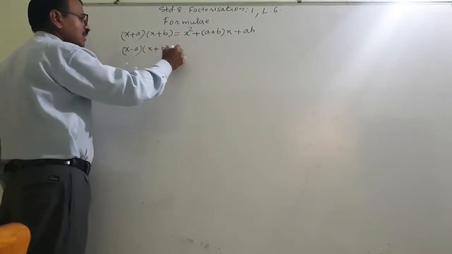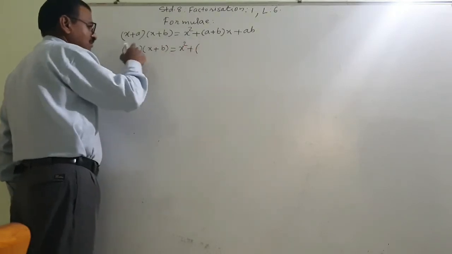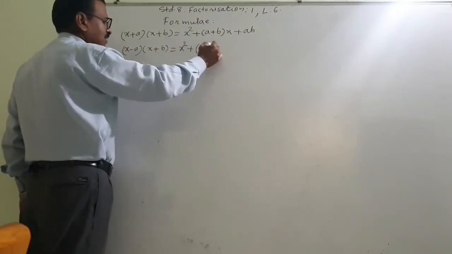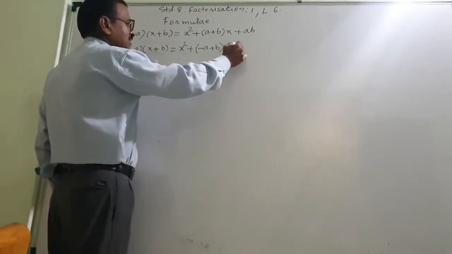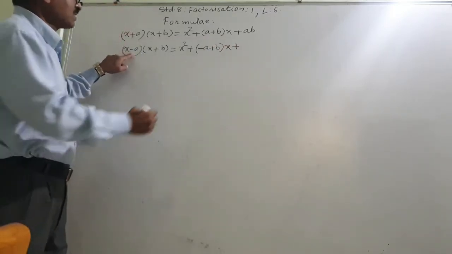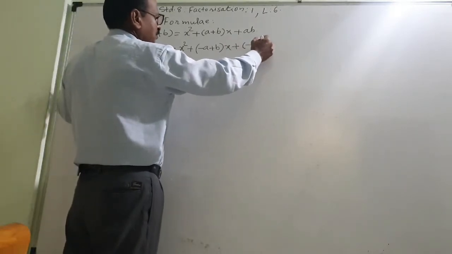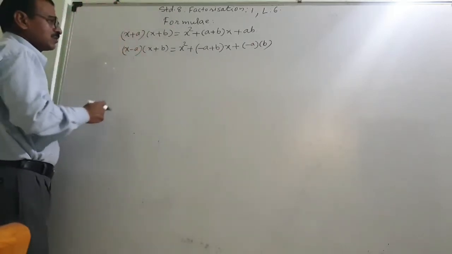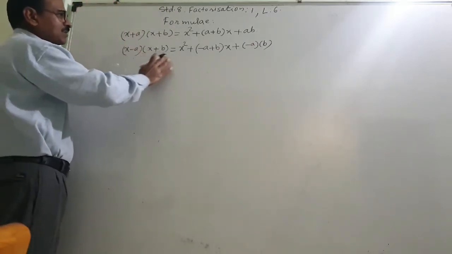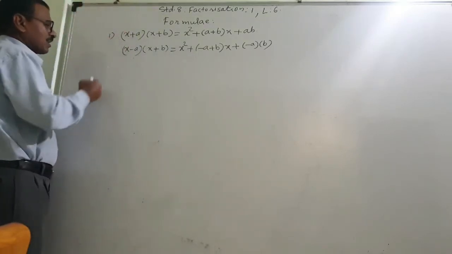Then also the formula is the same: x square plus (-a - b) into x plus (-a) into (-b). This way only you have to write. So whether this is minus or plus, the formula will remain the same. So this is formula number 1.